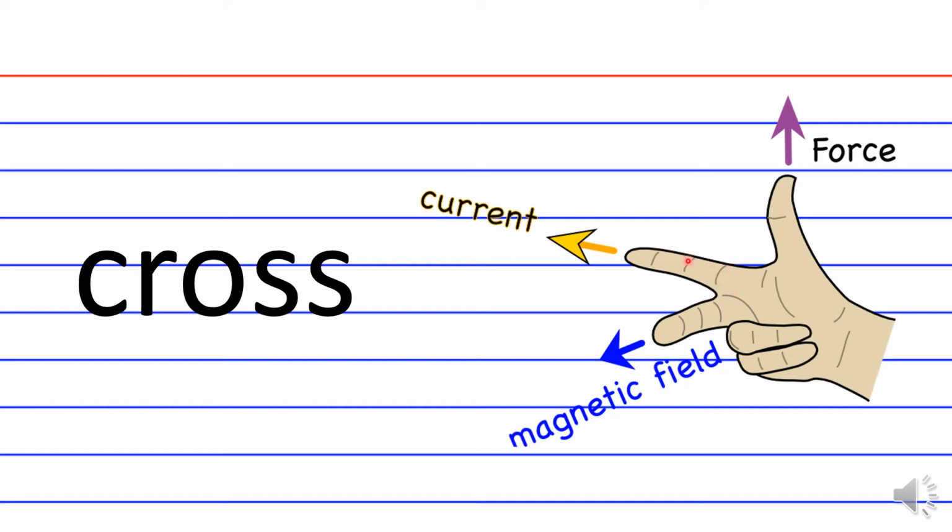If you consider QV the current, the incident vector, and magnetic field B the second vector, then the force is going to be the resultant or the cross product, orthogonal to both the current and magnetic field. Okay.